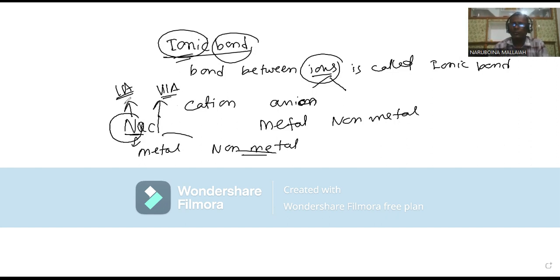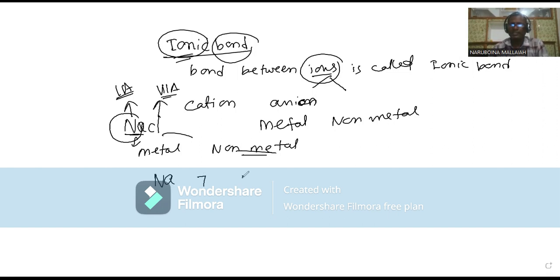So group 1A elements have the tendency to lose electrons. That means sodium loses one electron, gets positive charge, and becomes a cation. I am writing that equation. Na has the tendency of losing electrons. Its atomic number is 11.